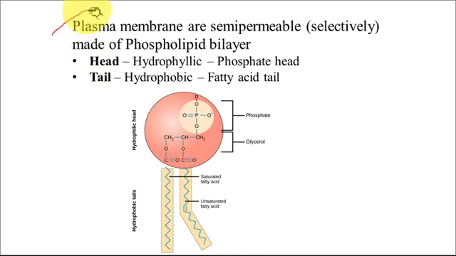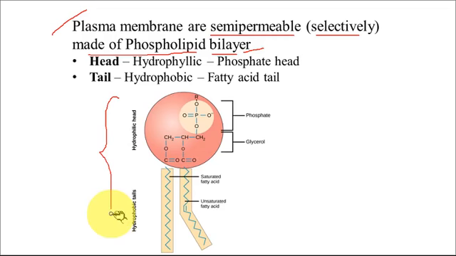The plasma membrane is generally semi-permeable in nature. You can say that these are selectively permeable, made up of a phospholipid bilayer. Here in this diagram you can see a phospholipid, and there are two parts.